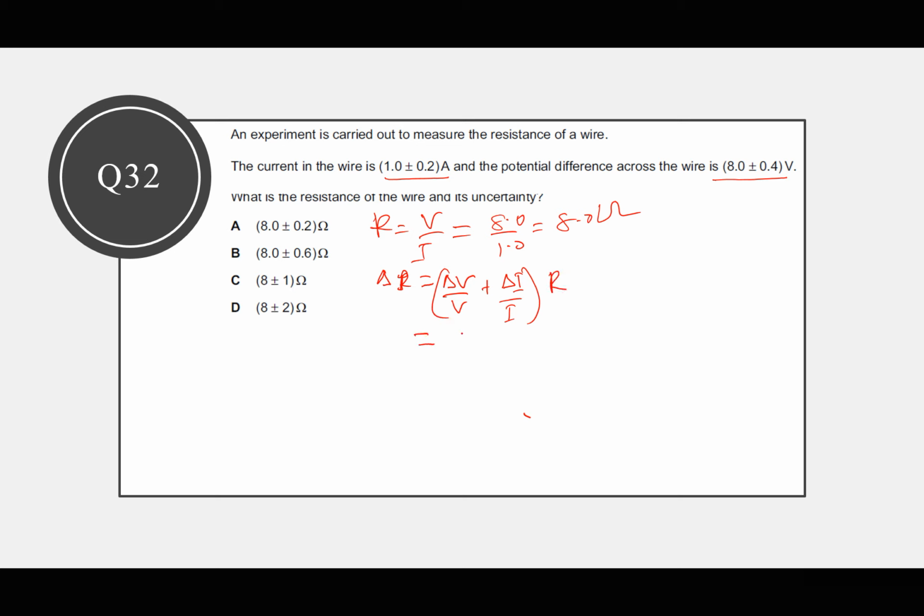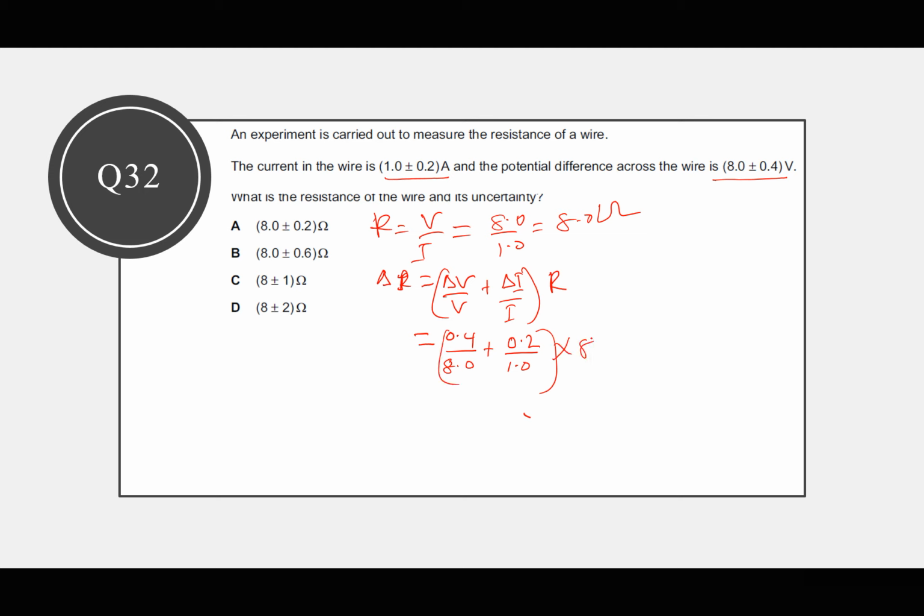So this will be for V, that is 0.4 divided by 8.0 plus 0.2 divided by 1.0, and then this will be times 8.